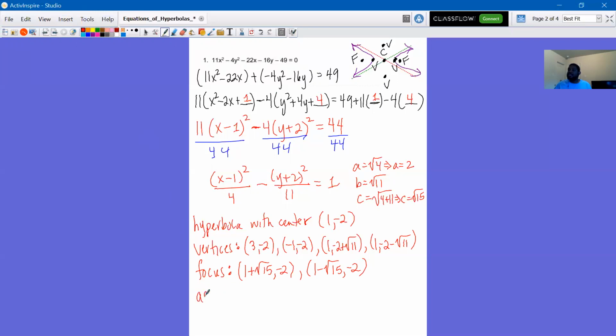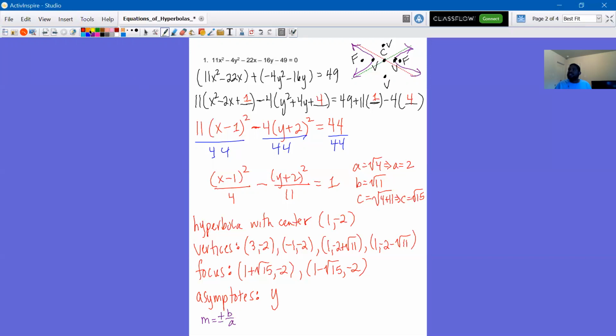And then we have our asymptotes. So our asymptotes, we are going to write in point slope form here. We always use the center for the point, and then the slope is always plus or minus b over a.